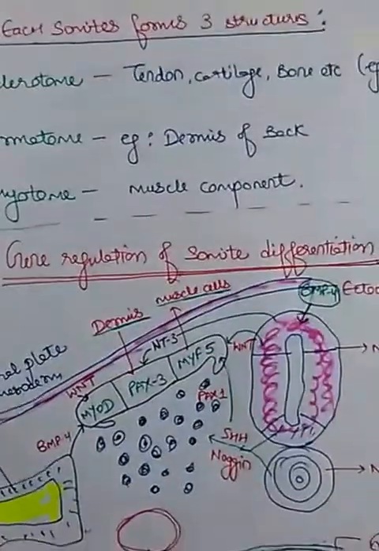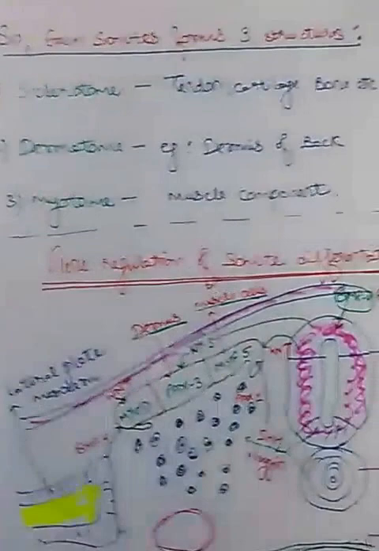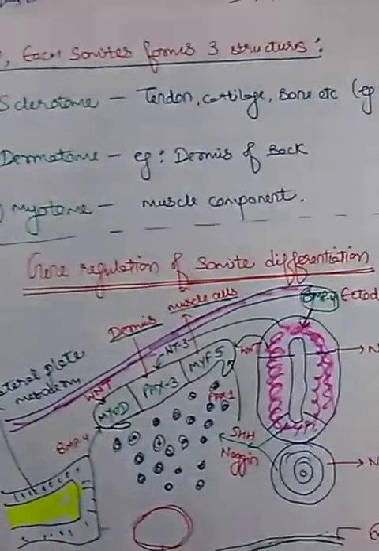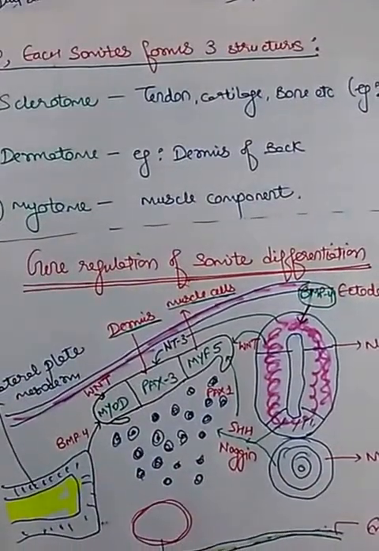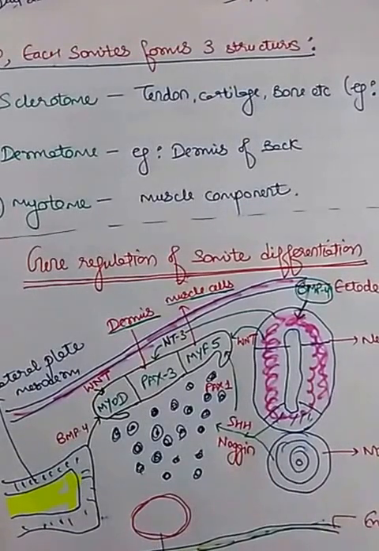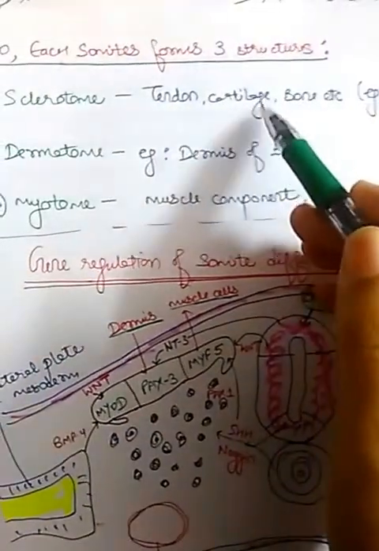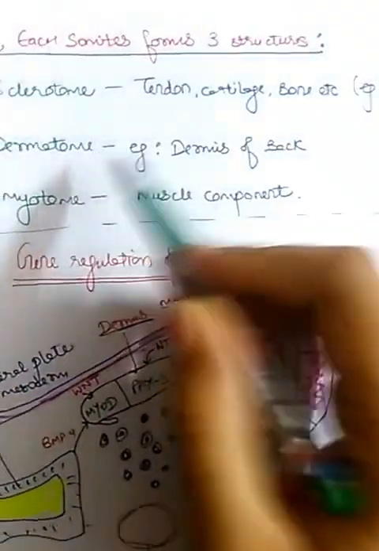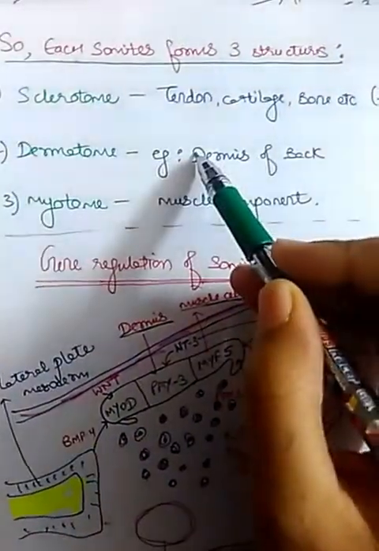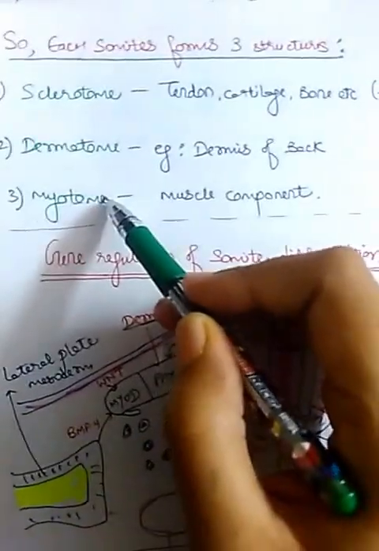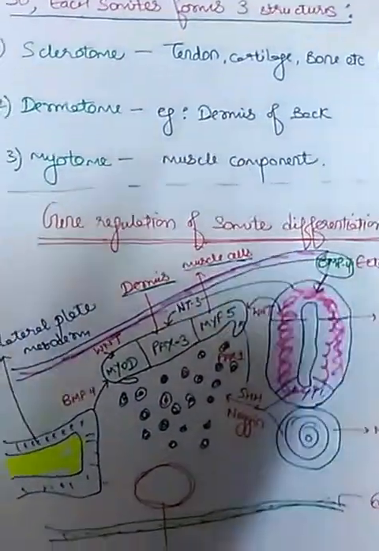So on the whole, each somite forms three structures: sclerotome, dermatome and myotome. The sclerotome forms the tendon, cartilage, bone, for example vertebrae and ribs. The dermatome forms the dermis of the skin of the back, and the myotome forms the muscle component.